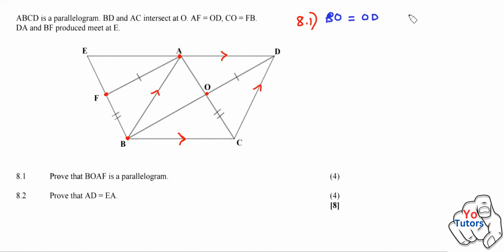Why? Because diagonals of a parallelogram bisect. We are looking at this parallelogram here, and we are finding BO.